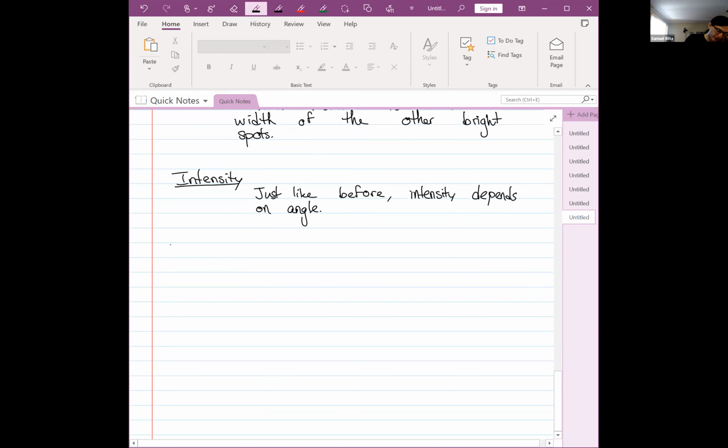But the result for the intensity function for a single slit of width a is I of theta equals I naught, being the brightness at the central maximum, times sine of alpha divided by alpha, squared, where alpha is pi a sine theta divided by lambda.